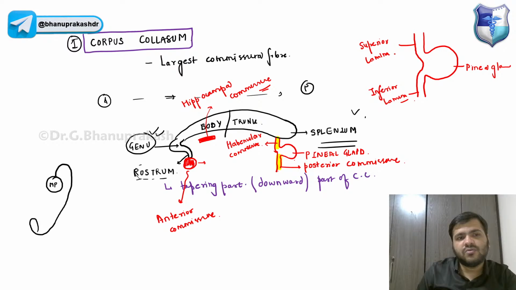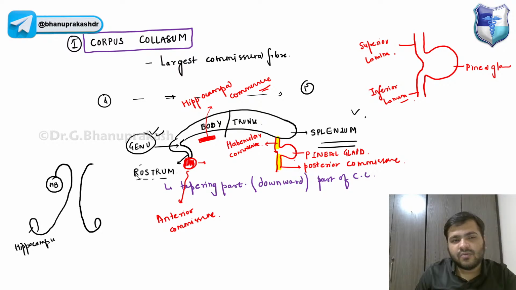Let us suppose this is the hippocampus, right? So over here also it will be the same. We have the hippocampus and it will be going posterior laterally, coming in front, going backwards, and connecting to the mammillary body.